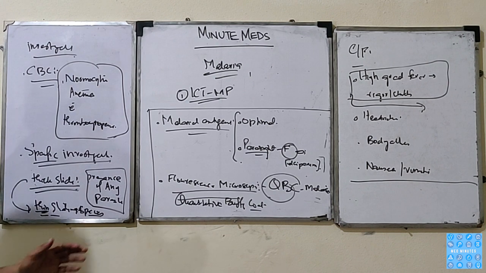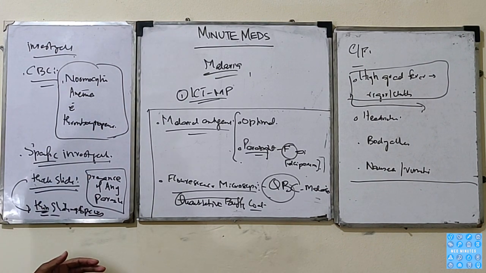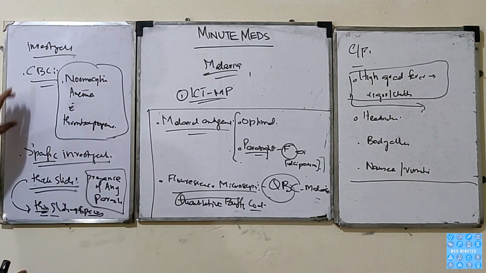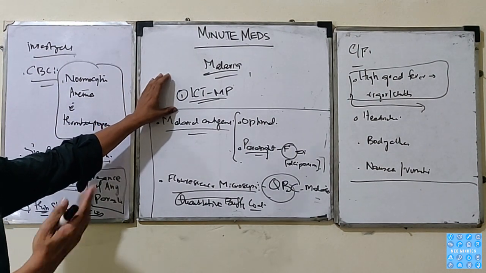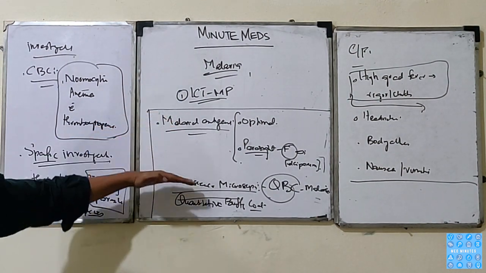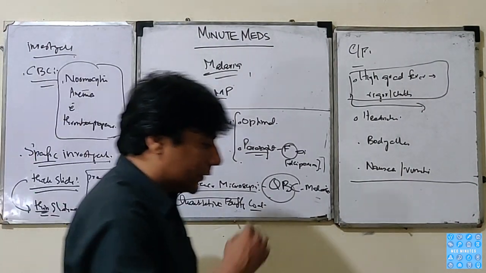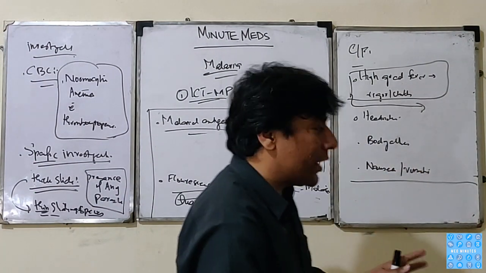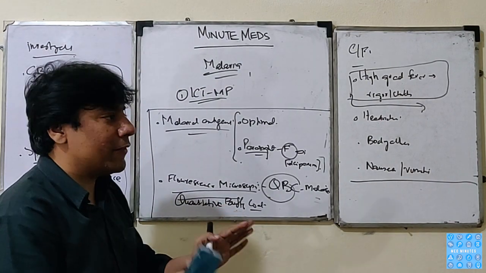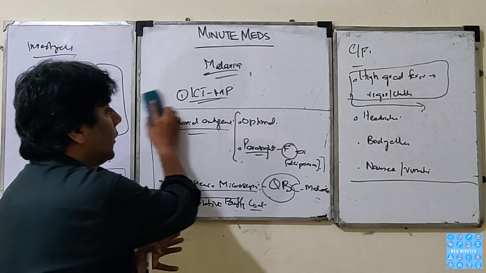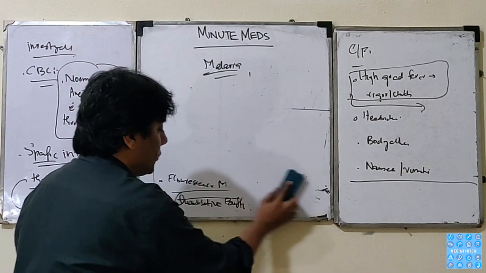But as far as the most common modalities that are used, we start with the CBC, we go for the thick and the thin slides, or we go for the ICT, the immunochromatography. These are the others, just for the sake of knowledge, you should know that. Now, we come to the diagnosis of malaria, and we come to the knowledge of having the strain which is causing the malaria. How would we treat such a patient?